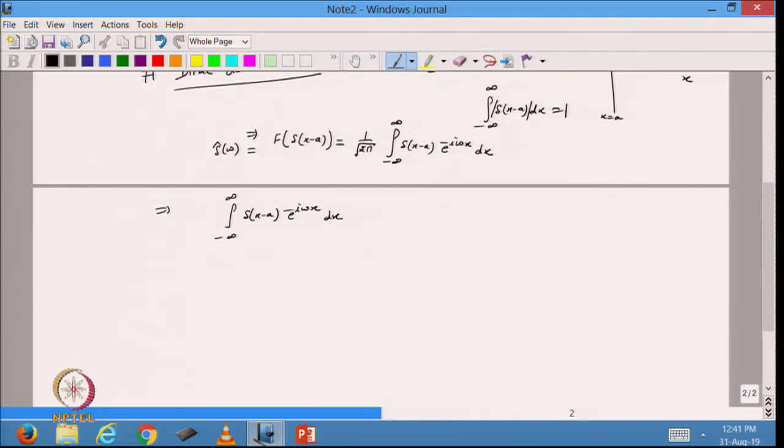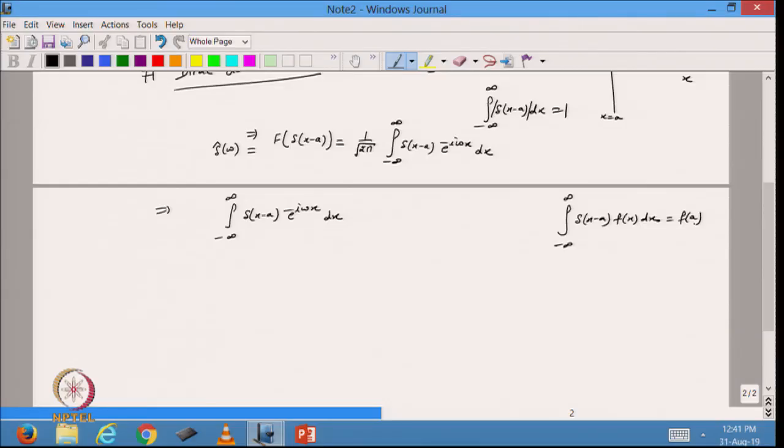If you remember, if I have some function f(x) times the delta function, integrated from minus infinity to infinity dx, and I know that the delta function is well defined only for x equal to a, then its value is equal to f(a).